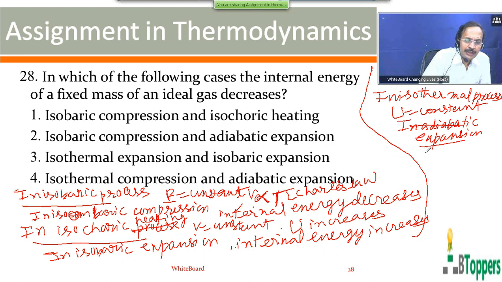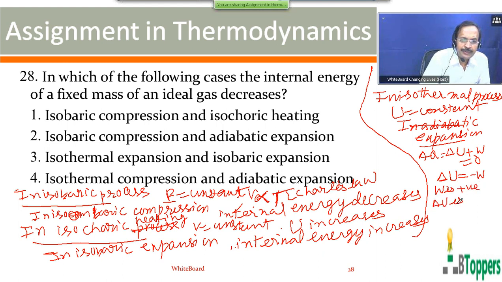In adiabatic expansion, delta Q is equal to delta U plus W. Delta Q is 0, so delta U is minus W. W is positive in any expansion, so delta U is negative.